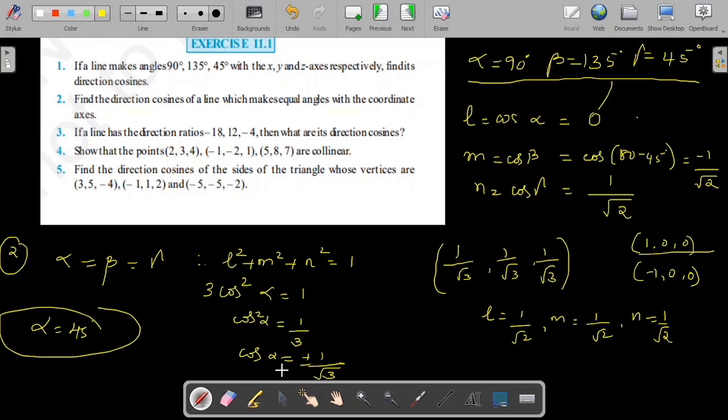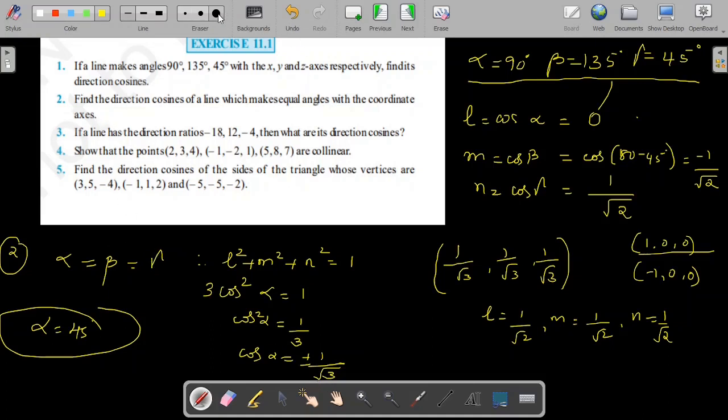Alpha is cos inverse of 1 by root 3, beta is also cos inverse of 1 by root 3, gamma is also cos inverse of 1 by root 3. Only for that particular angle will you have the direction cosines 1 by root 3, 1 by root 3, 1 by root 3 with equal angles. So the angle must be cos inverse of 1 by root 3. Not possible for any other angle. So that is the fact.